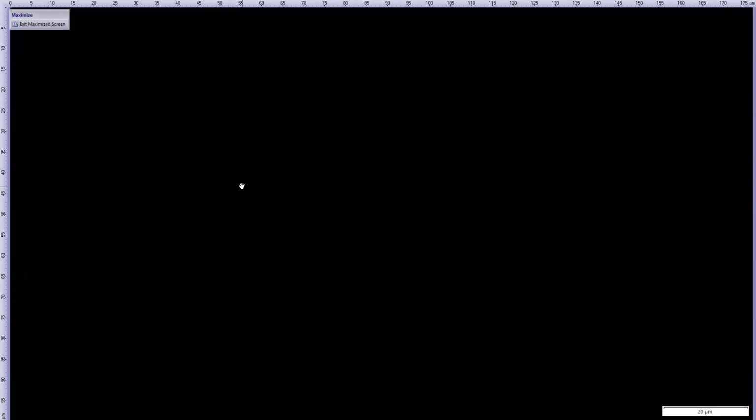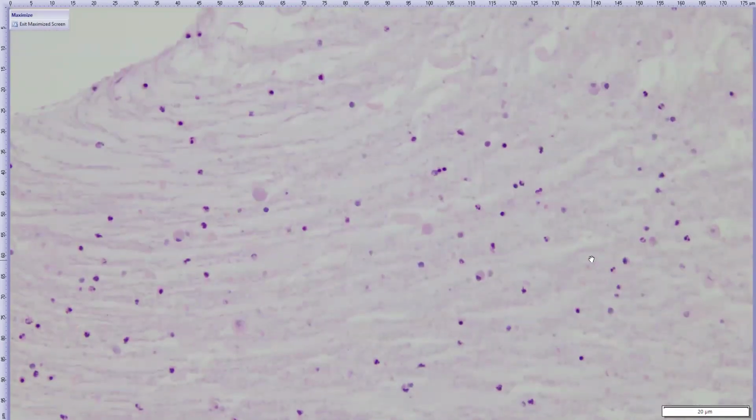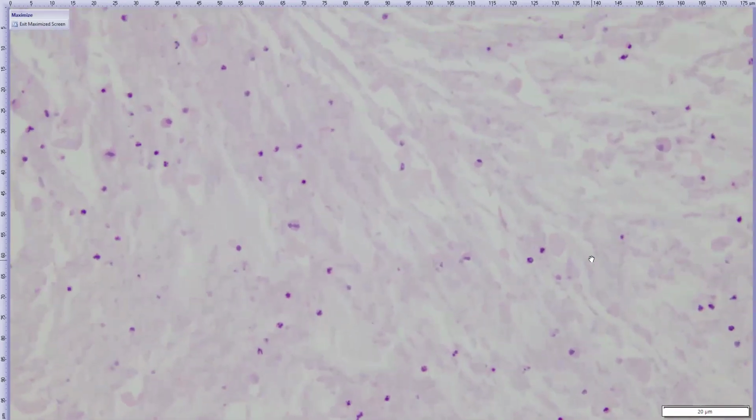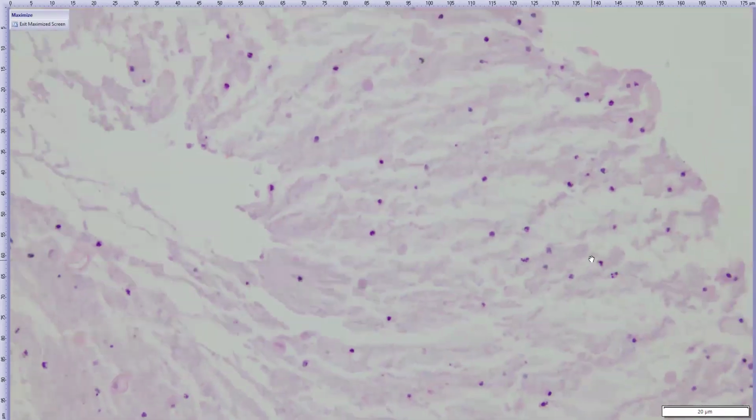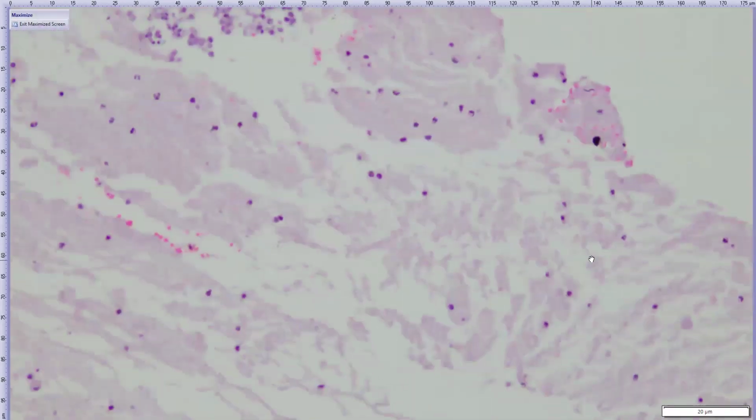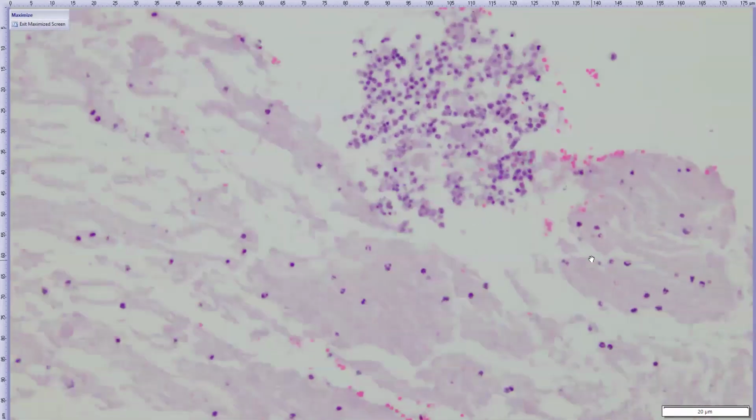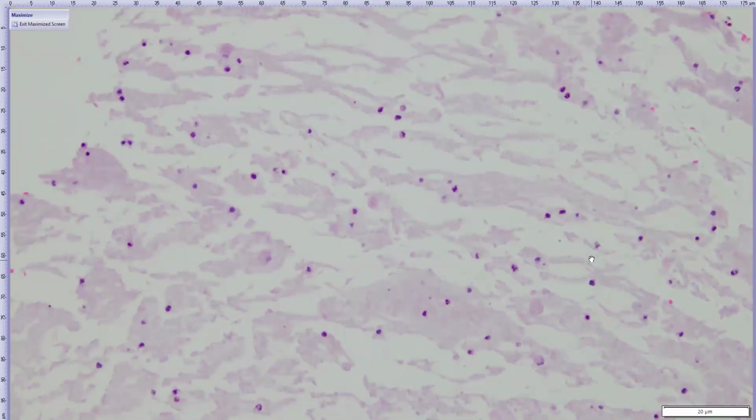And then the material that was left in the chambers here is this amphophilic, granular, fibrillar, amorphous material with some foamy macrophages in here. So it wasn't really a suppurative exudate, but just some sort of goopy material, possibly being secreted from the epithelial cells that are now lining the scleral shell.